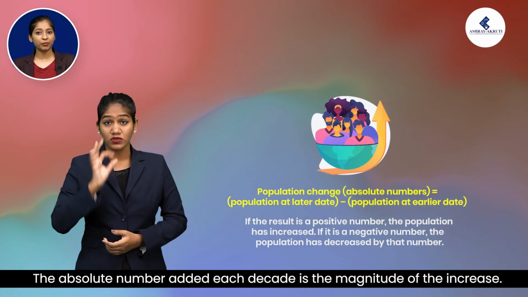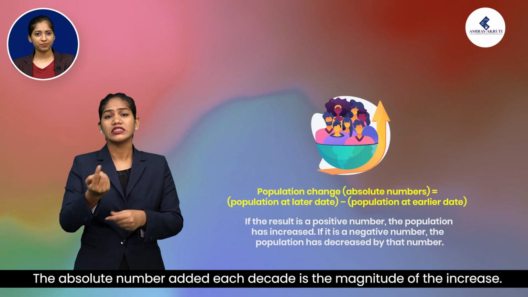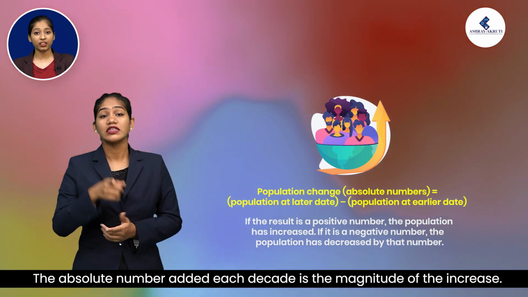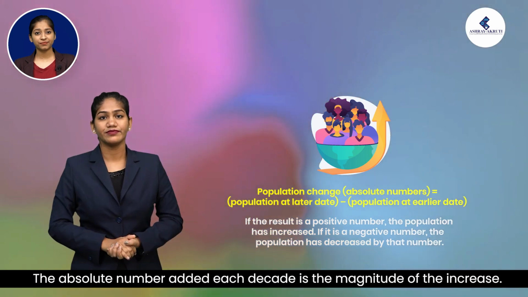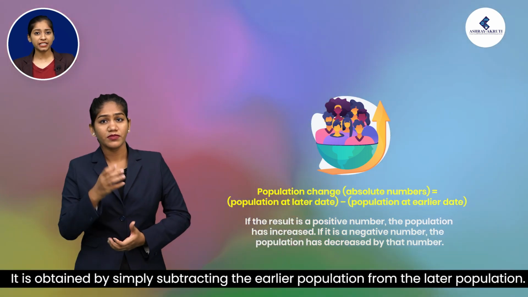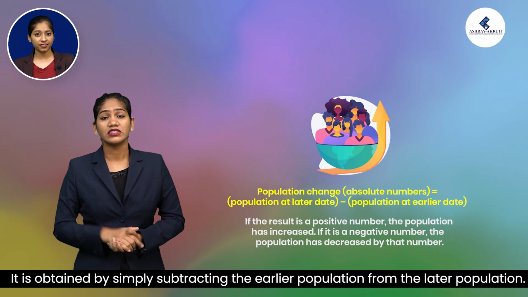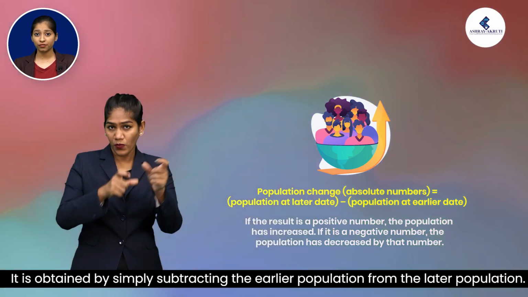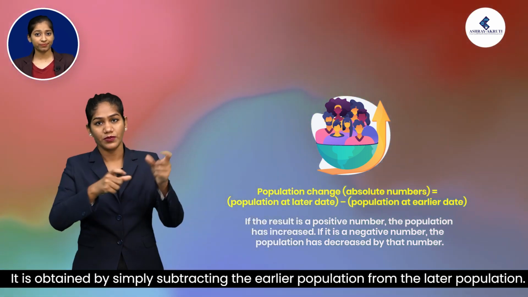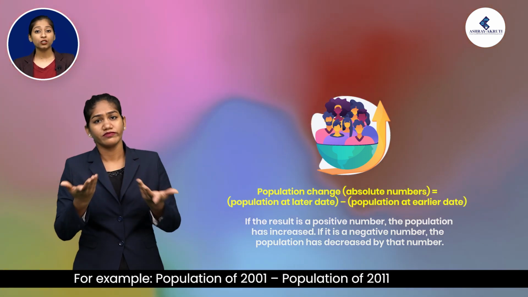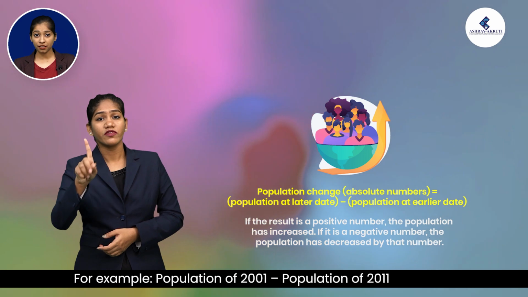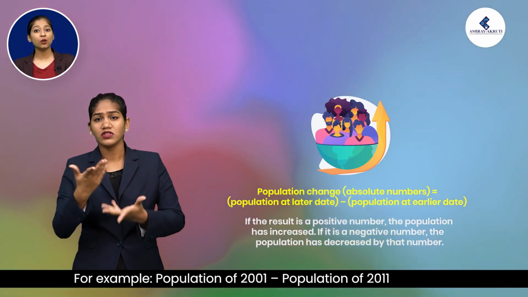The absolute number added each decade is the magnitude of the increase. It is obtained by simply subtracting the earlier population from the later population. For example, population of 2011 minus population of 2001.